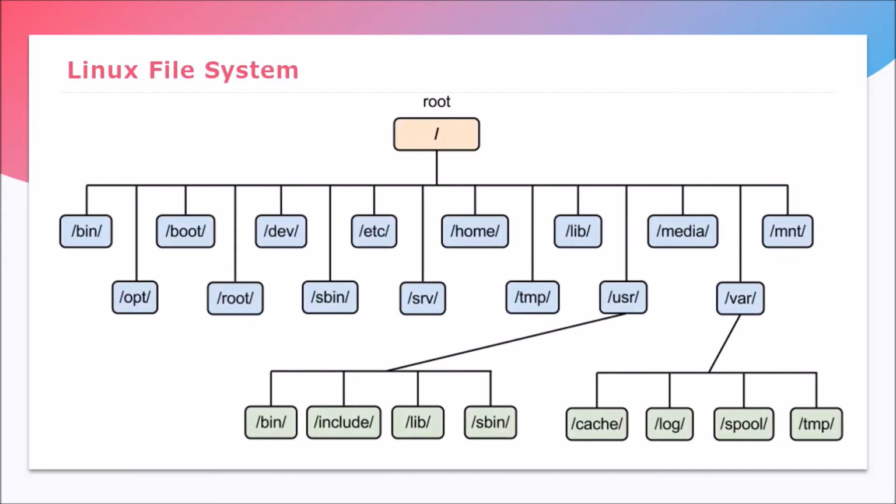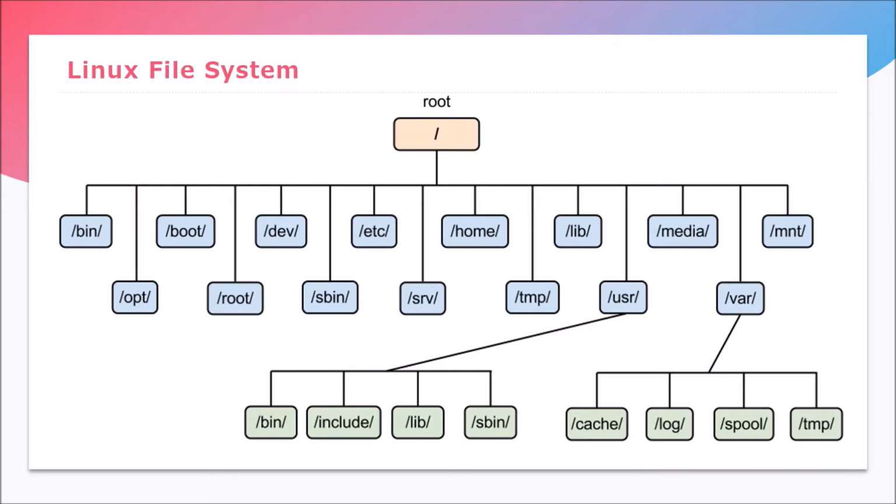Next is Linux file system. This is one of the more important feature of Linux. So how the file system is structured in Linux. So on top of everything, we have a root file system, as you can see in this diagram. So everything on your Linux system is located under this root directory. Now let's talk briefly about few of the important components. Like we have /bin that contains binaries and other executable programs.